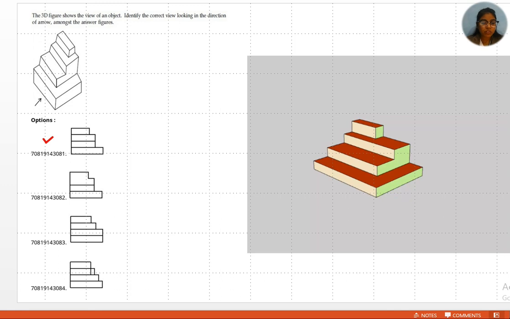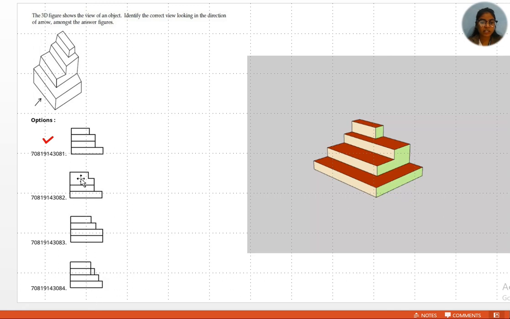So the next question also, the first step is finding out the difference between the options given to you. So now option number A, B, C, and D, look at the difference. In option number D, there is a small keyboard box showing. Is there any box with a level difference? It has four levels, 1, 2, 3, 4.